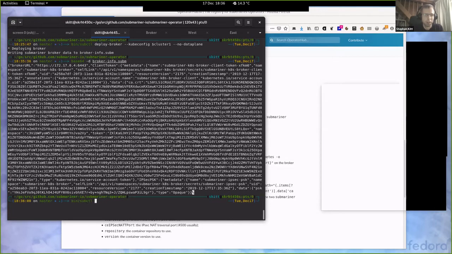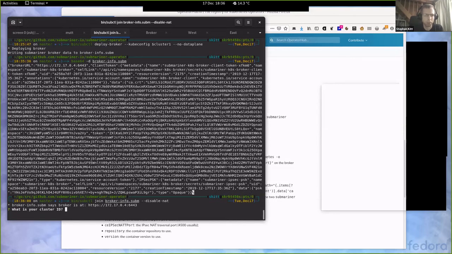And then to actually join the cluster, you just give that file to subctl again. And in this case, you need to disable NAT as well. And so it asks for some complementary information.